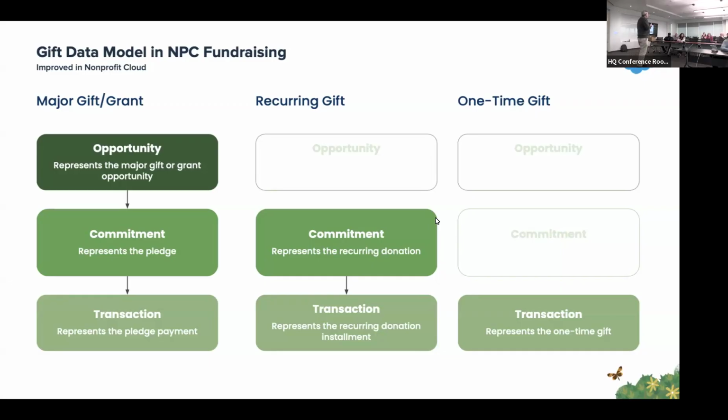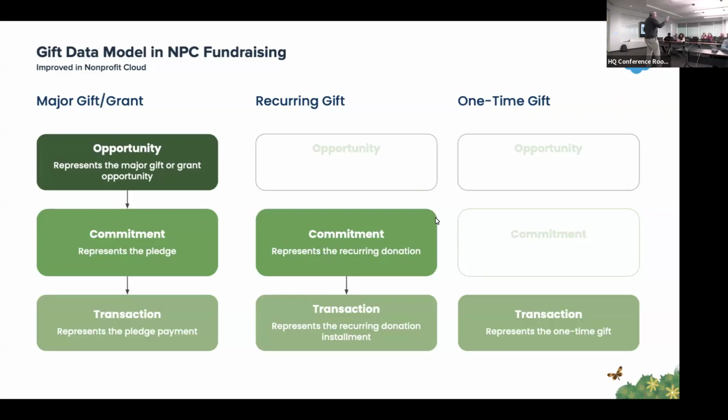You could have a recurring gift or a pledge, and that recurring gift or pledge may not have been solicited directly. It may have been solicited through marketing efforts, or it could be somebody who just decided to give a recurring gift. So that represents a commitment and is represented by the gift commitment object.